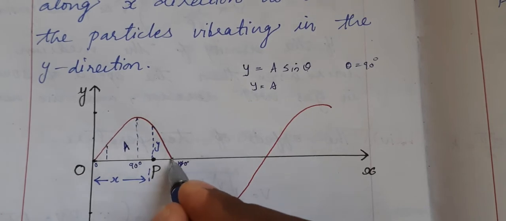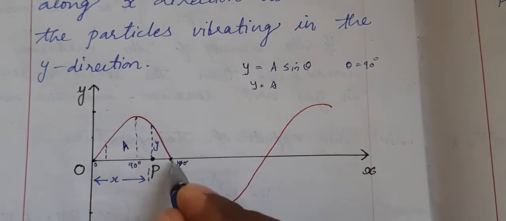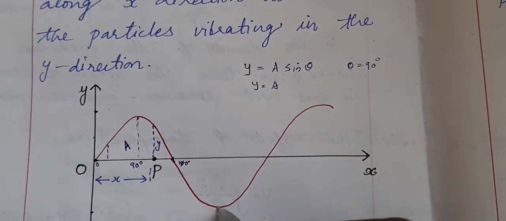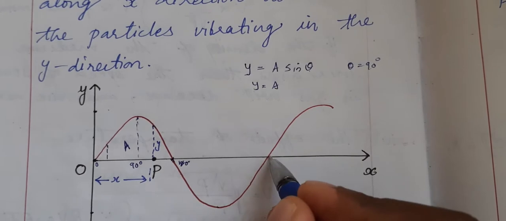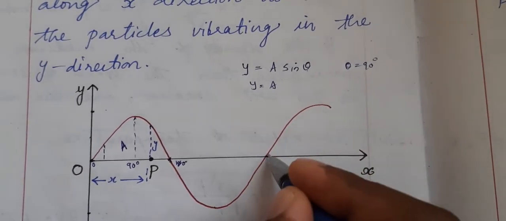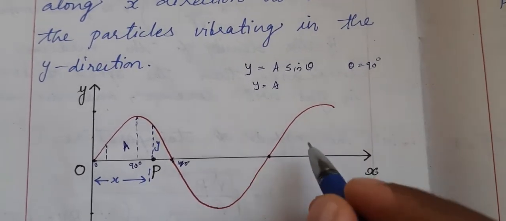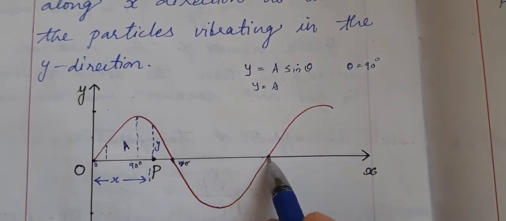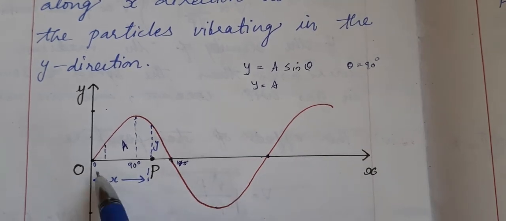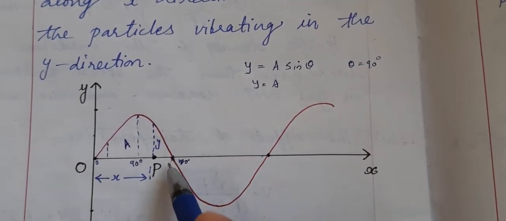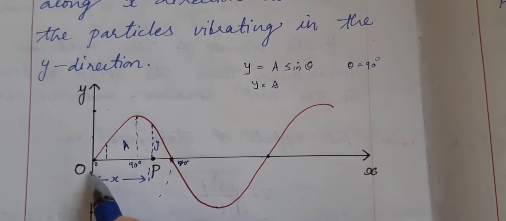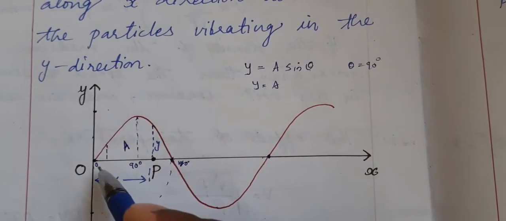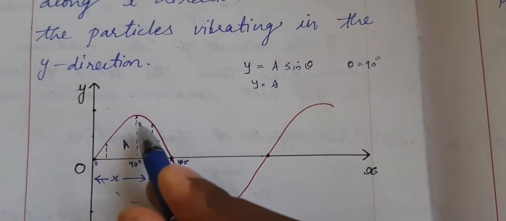Again at 180 degrees, the wave displacement is 0. When it becomes 270, it becomes again maximum. At 360, it comes here. Why this comes to 360 here is, if I take this half from here to here, and this half I join here, I just bend it back, I can draw it like this. This is like a complete circle, and the angle here will be 360 degrees.